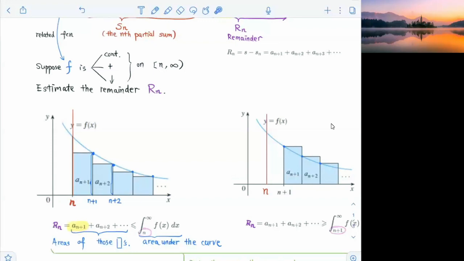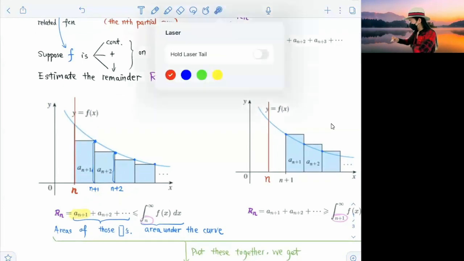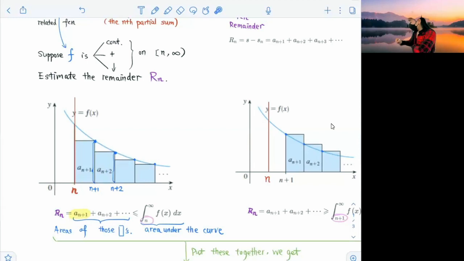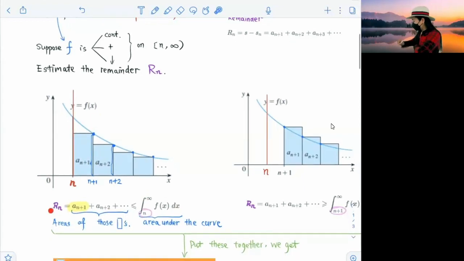The area under the curve is the integral of the function from x equals n to infinity. So we know Rn is less than or equal to the integral of this function from n to infinity. Do you guys agree?